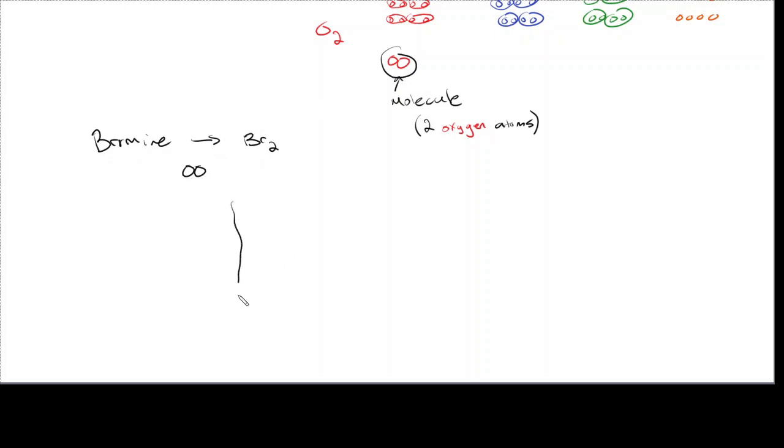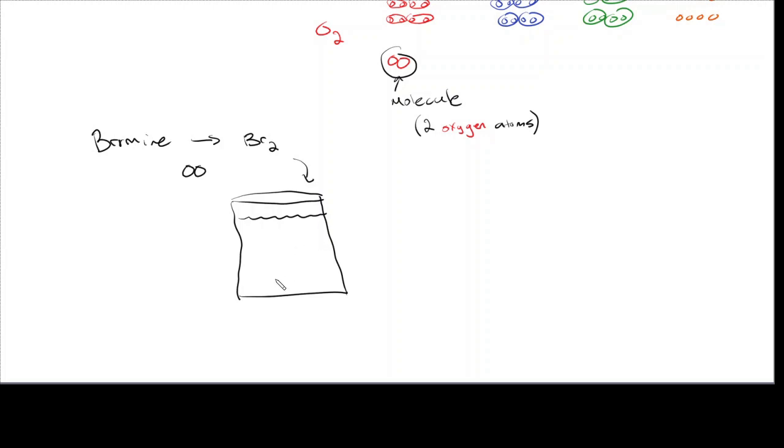Now if I had a cup, sorry for the terrible lines, not exactly a world-class artist, but if we had a cup and we filled it with bromine, which is a liquid at room temperature, what we'd see is essentially this liquid of bromine.